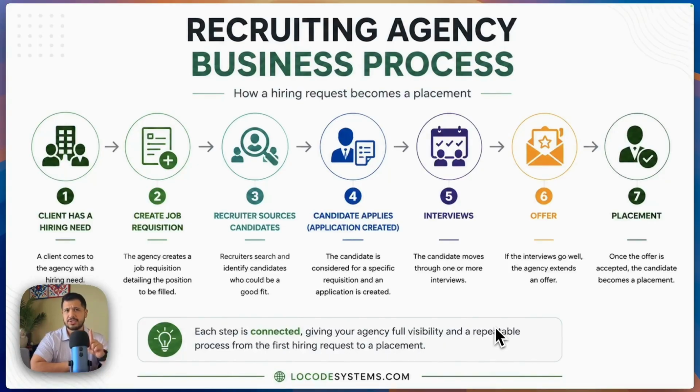One design decision that I want to point out is the difference between a candidate and an application. A candidate is the person, and an application is that person being considered for one specific opportunity. That distinction is really important because candidates don't disappear after one single search. Someone who is not a right fit today could become a perfect fit for another client tomorrow.